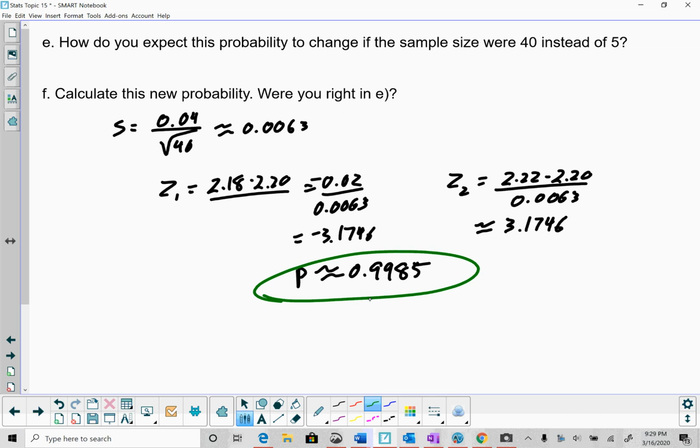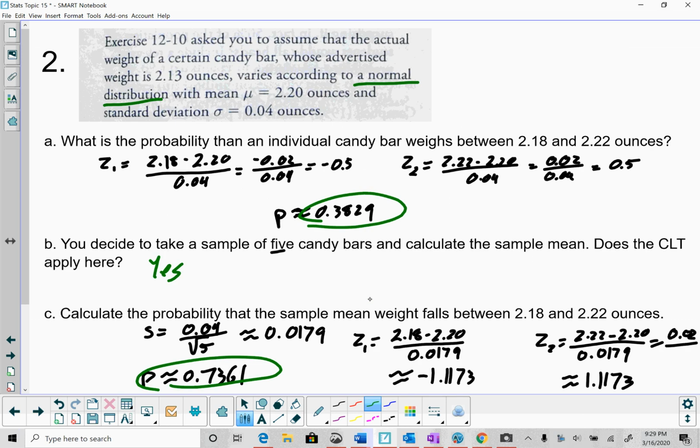Did you get part E right? Again, I was trying to lead you in the right direction there. If our sample in part A is just one individual bar, for the next part, when our sample is 5 of them, so the sample size went from 1 to 5, our probability increased.